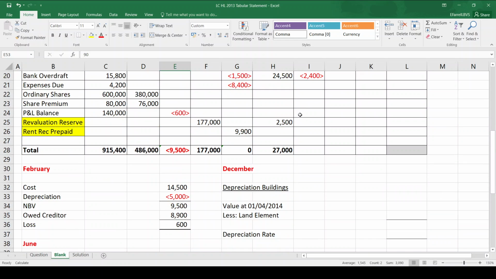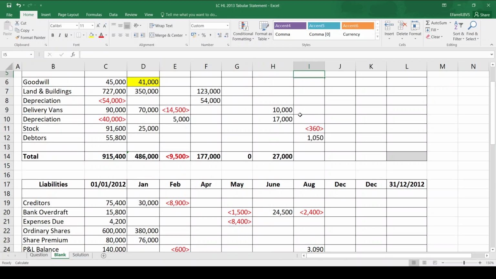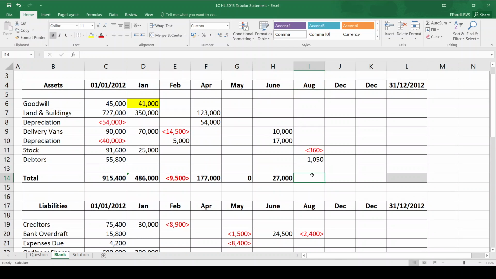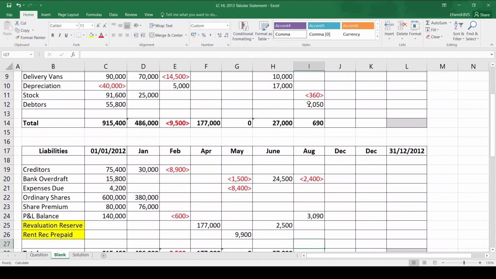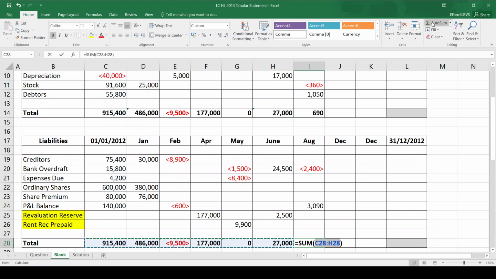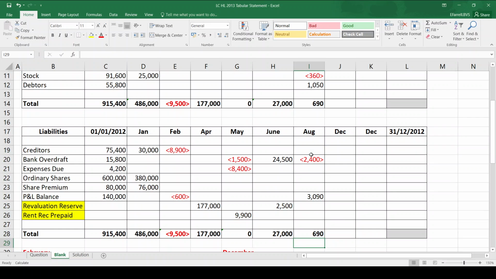So profit and loss balance will increase by 3,090. Now again, I'm just going to total my assets and liabilities to make sure that they balance. So my assets come to 690 and my liabilities should also come to 690.